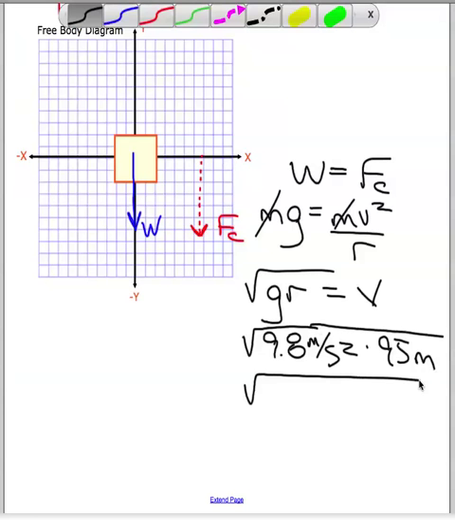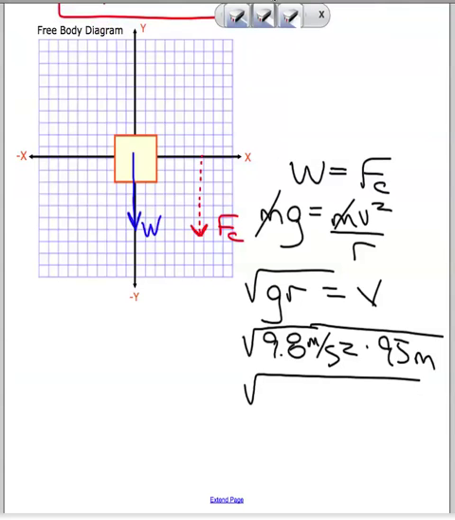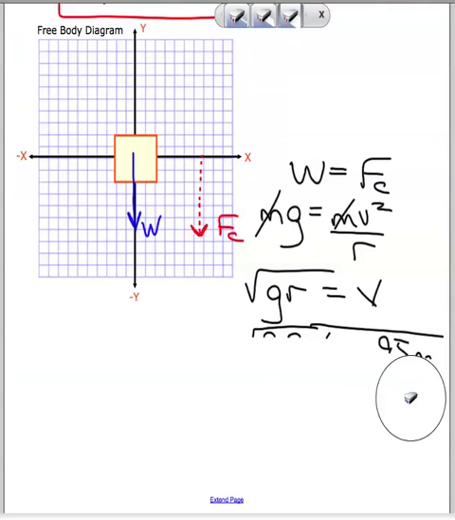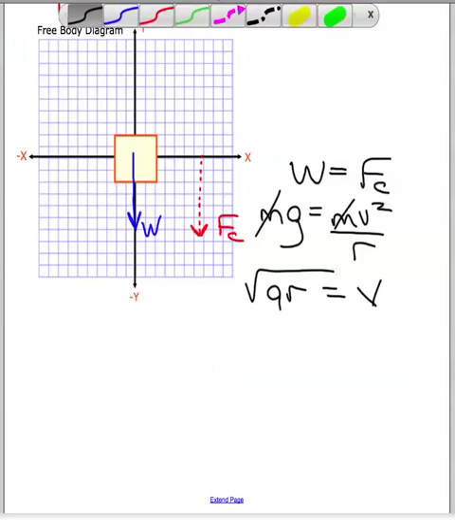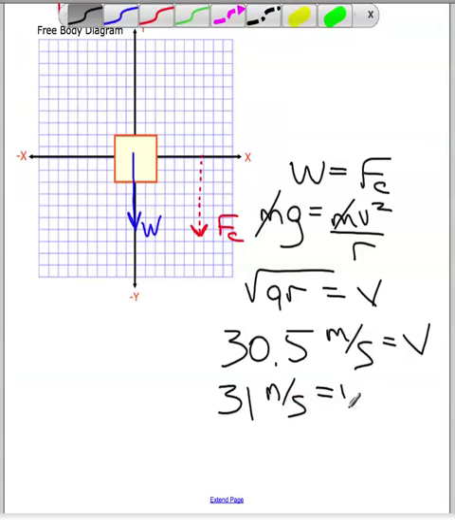Throw that into the calculator, and I get 30.5 meters per second is equal to our speed at the top of the hill, 31 meters per second once we account for significance. 31 meters per second. And that's part C from problem number 14.